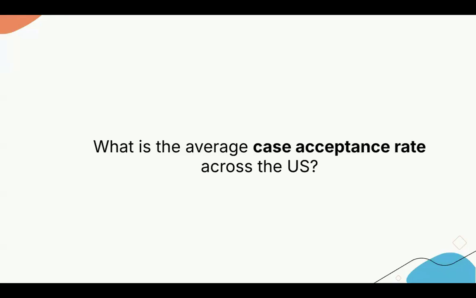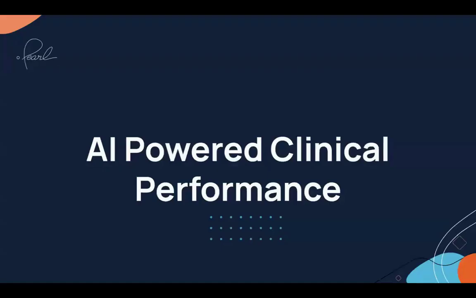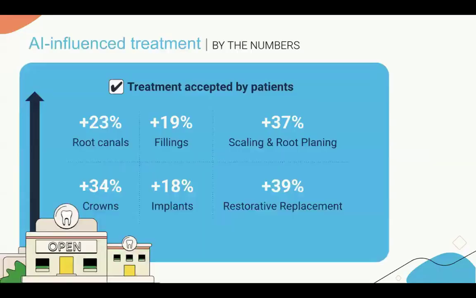So I think there's an issue in the US because patients don't understand x-rays. And if we can show them areas of concern in color, maybe they will accept the dentistry sooner. So that was the important part about looking at how this ROI would help you from a clinical performance perspective.